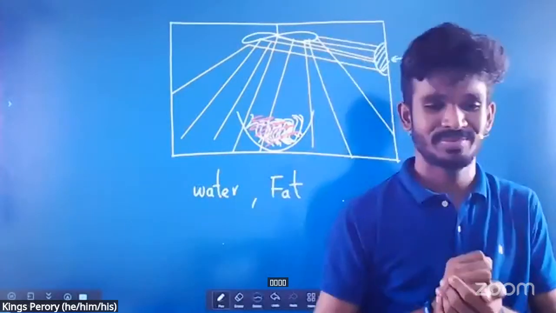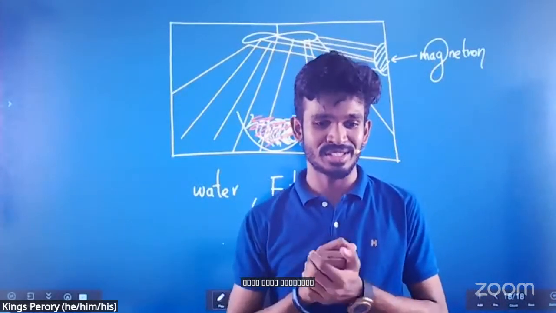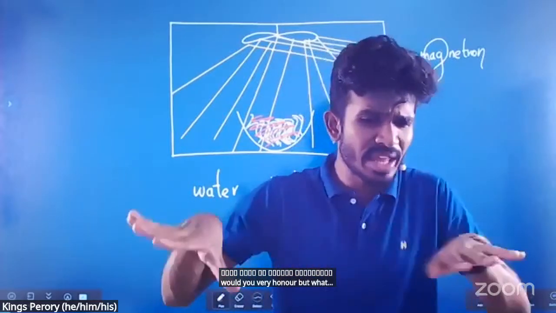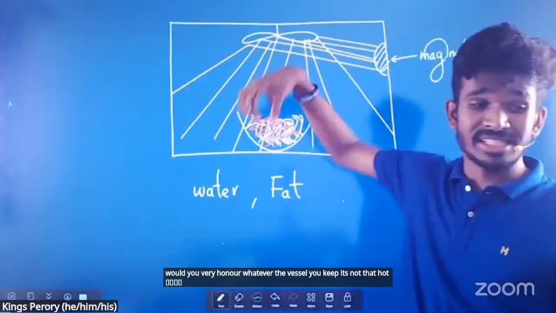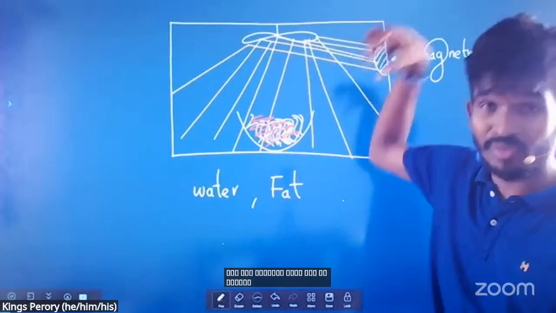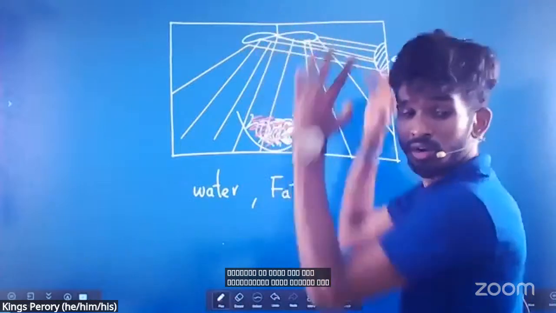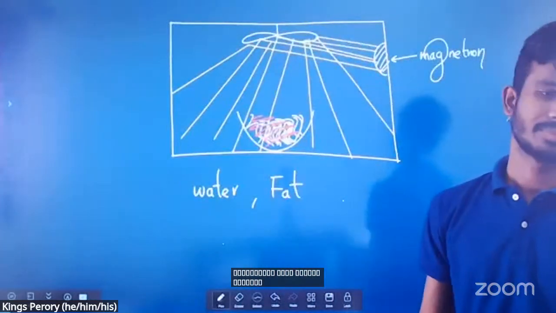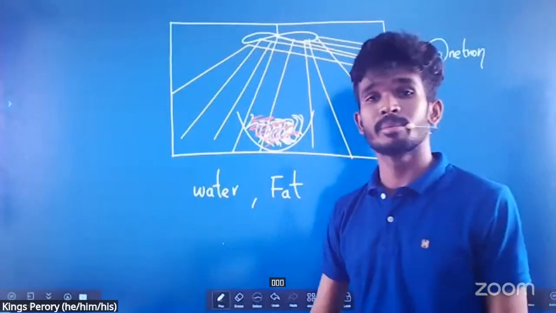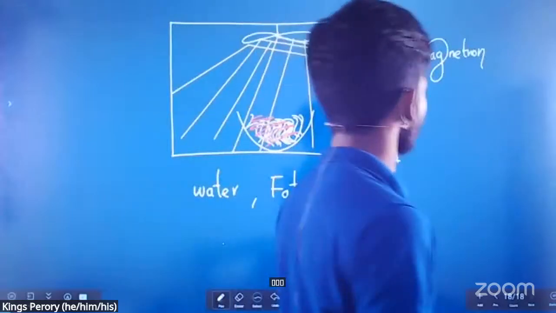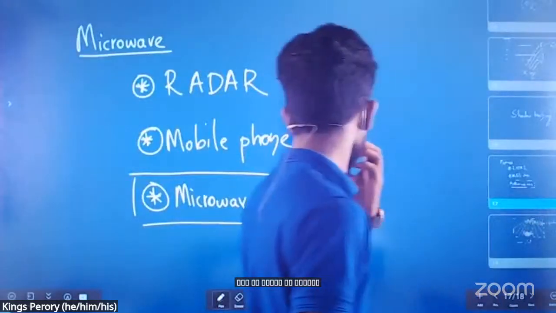Food is very hot. But whatever the vessel you keep, it's not that hot. Why? Heat is generated within the food itself, not from outside. That's the speciality in a microwave oven.